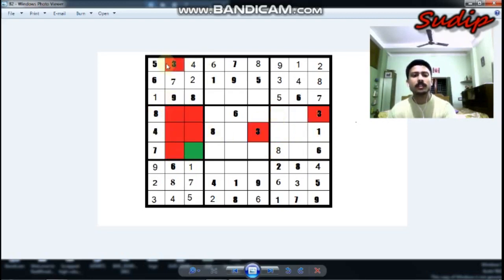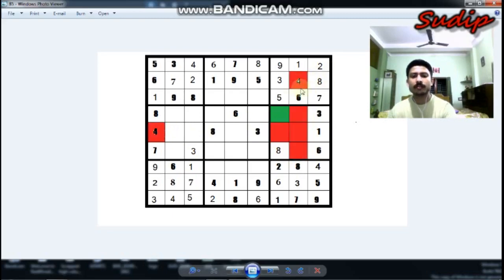Now 3 is here, 3 is here, and 3 is here, and similarly 3 will be placed here. Now this position will contain a 4. Now 4 is here and 4 is here, so the 4 will be here. Only one thing is left in this line, and that is 7.